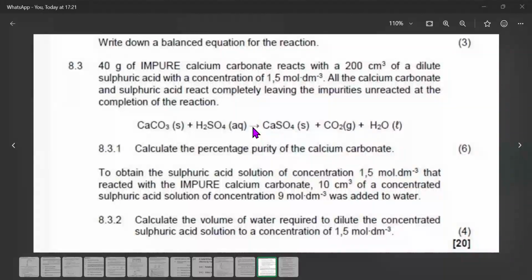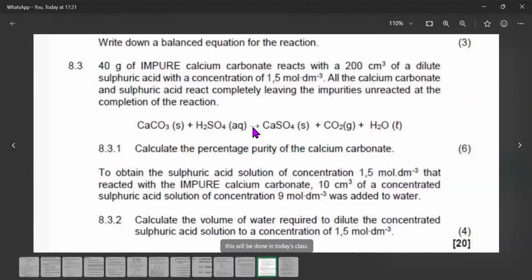That's fine. So they say 40 grams of impure calcium carbonate reacts with 200 cubic centimeters of a dilute sulfuric acid with a concentration of 1.5 mole per cubic decimeter.